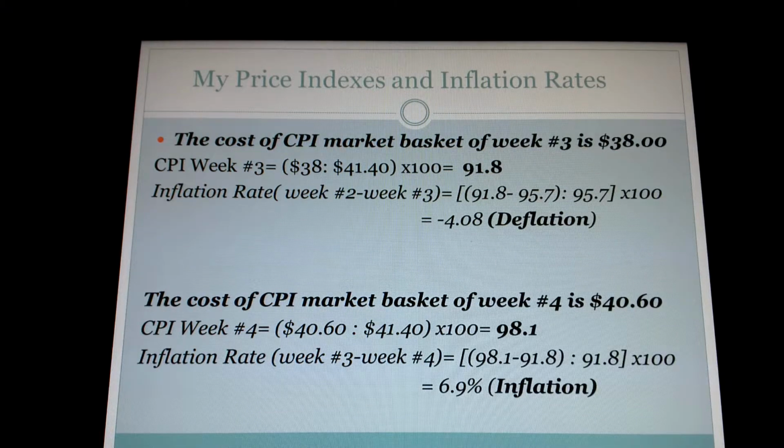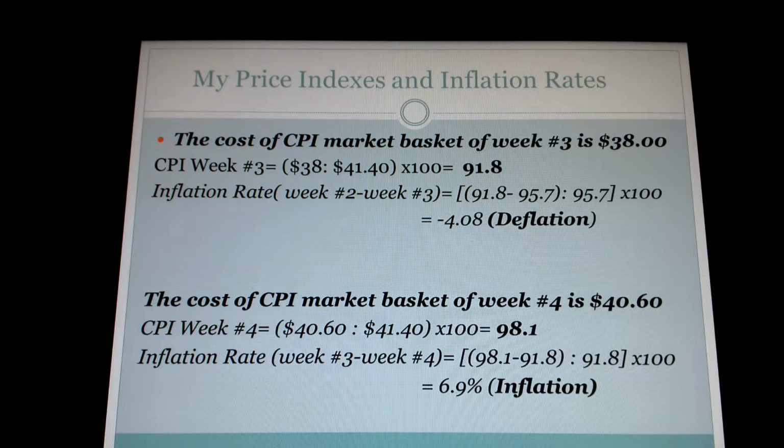Moving on, we are going to determine the Consumer Price Index for week 3. We know from the spreadsheet that the cost of the CPI market basket of week 3 is $38.